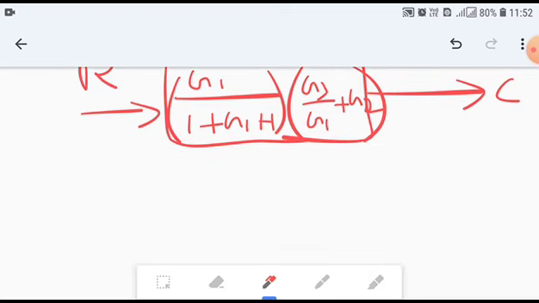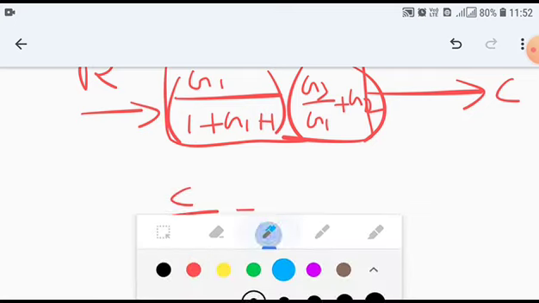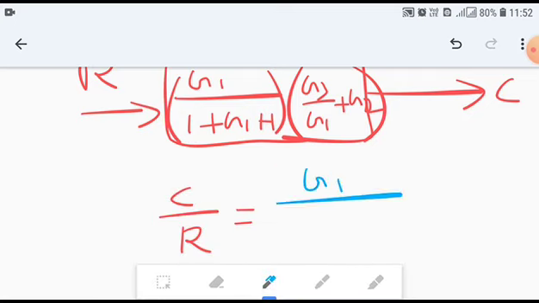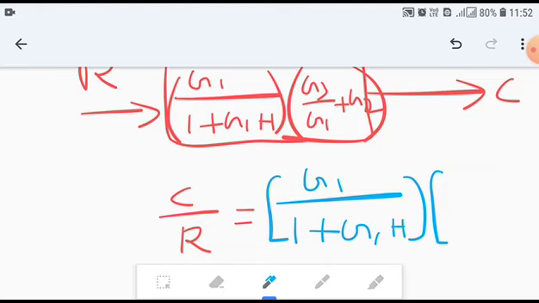Now you can take output by input, C by R is equal to, here we have G1 by 1 plus G1H as usual, into G3 by G1 plus G2. We take the LCM as G1, and here we have G3 plus G2 into G1.